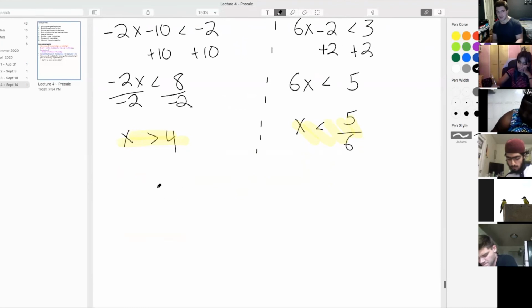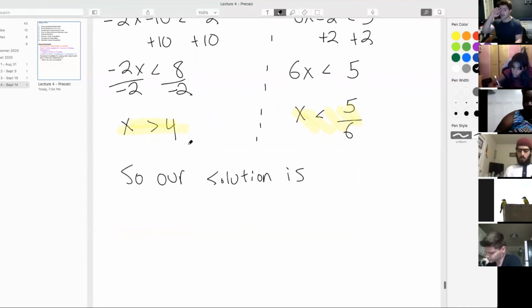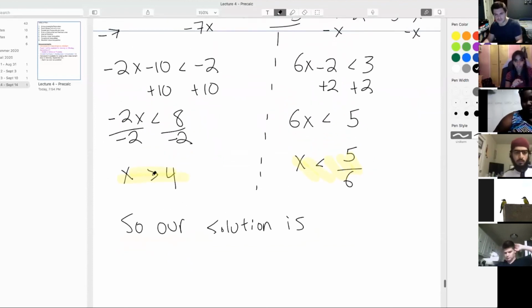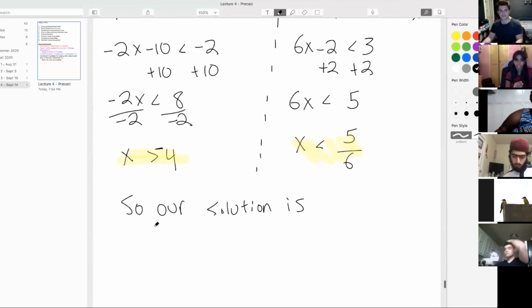Okay, so that's our solution set. And now let's just write this out quickly. Our solution, we need to put all of this together. X is greater than 4, but it's also less than 5/6. Oh, okay, you guys should correct me if you see a mistake. This should be x is greater than negative 4. So the left inequality should be x is greater than negative 4.